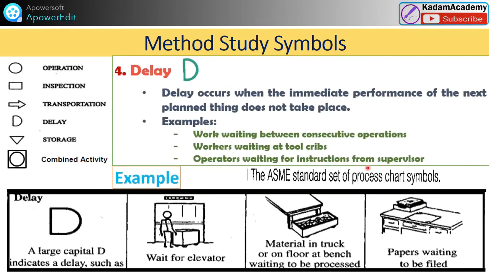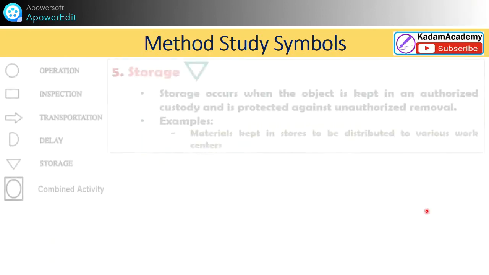These are delays. Examples shown for clarity: waiting for an elevator, material in a truck or on the floor at a bench waiting to be processed, or paper waiting to be filed.